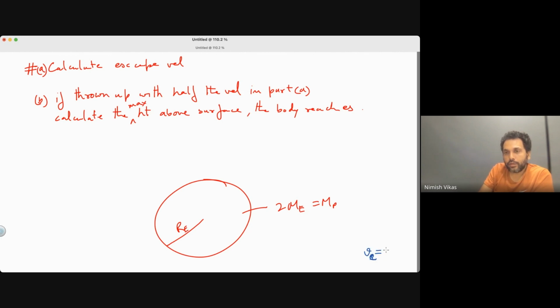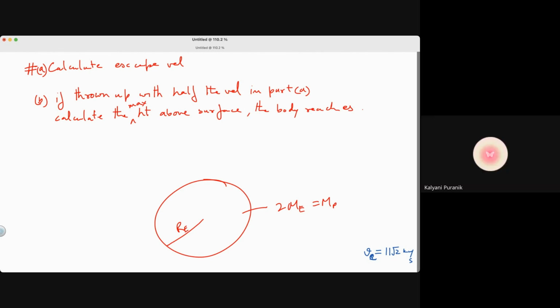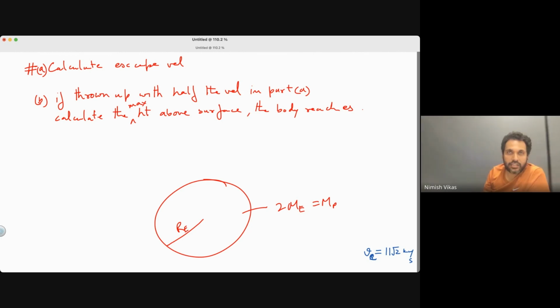Or you can use escape velocity of Earth as 11 root 2 kilometers per second. What do you think? It will take more velocity or less velocity to escape? More. It's more massive with the same radius. It has got immense gravity, I feel. Right, guys? Yes, sir.